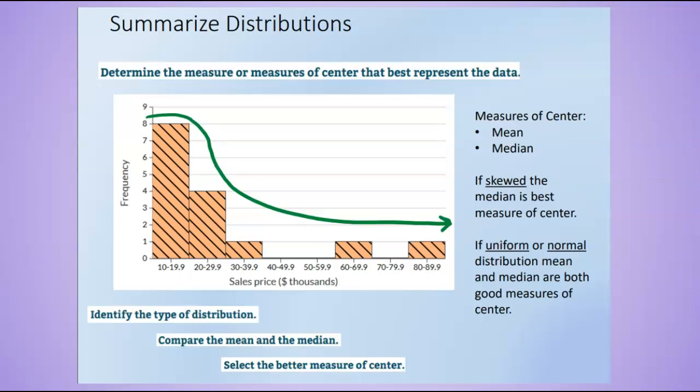Everything's clumped on the left-hand side, and it's all being pulled to the right. So I think we could call this skewed, I'm just going to put an S to the right. Skewed right distribution. So if I look at what it says, if it's skewed, then the median is the best measure of center.